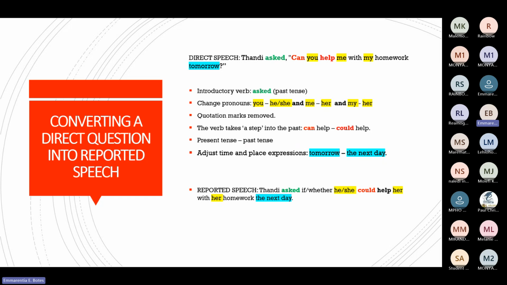For you not to get confused, it is then easier to say Tandy asked if he could help her with her homework the next day. If you wish to replace this, you can also do that. The sentence can read, Tandy asked if I could help her with her homework the next day. And that is because it's not clear who the you is there.